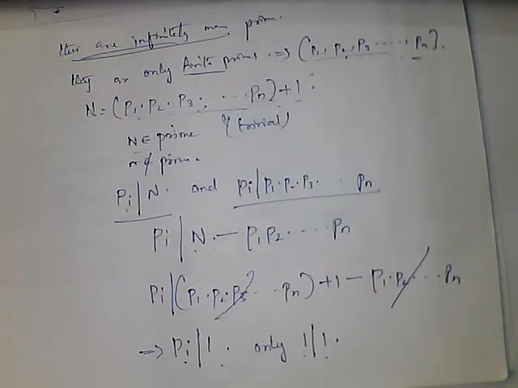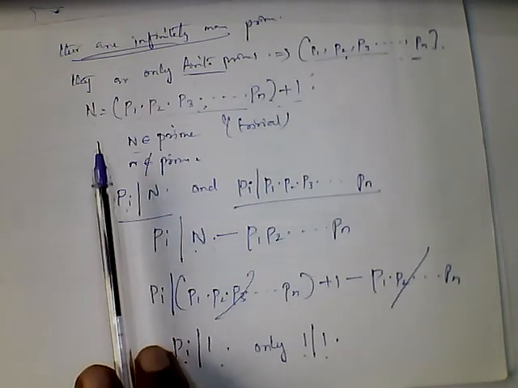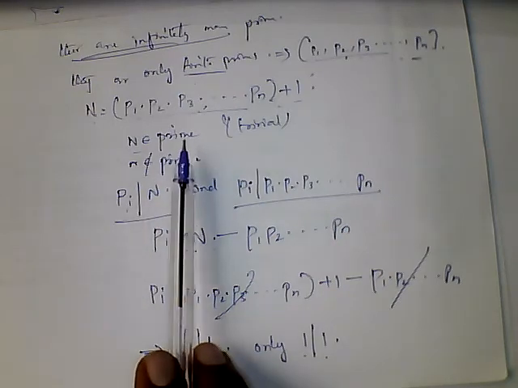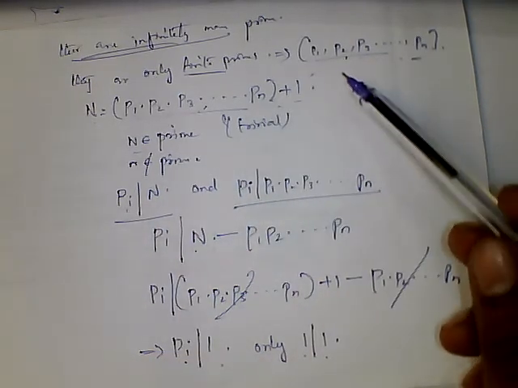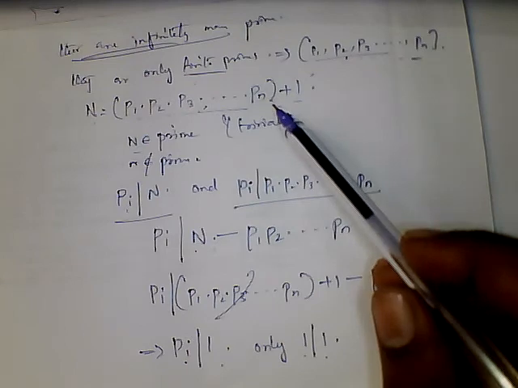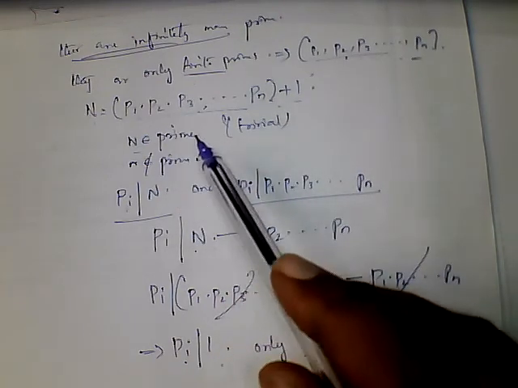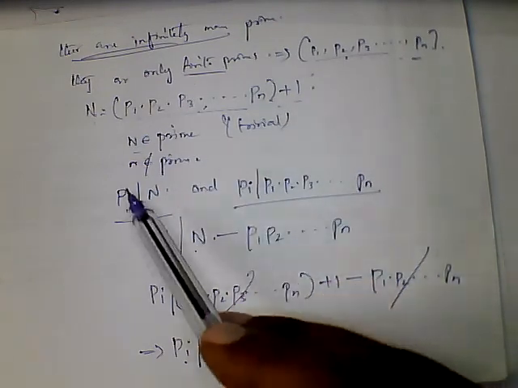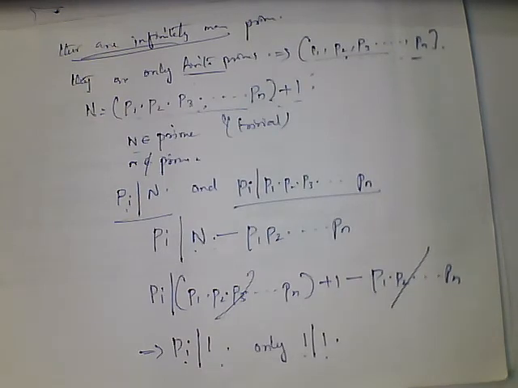So from this, pi divides 1 implies pi should be equal to 1, or if pi is not equal to 1, then that does not satisfy the assumption that n is a number which does not belong to these finite primes. From that we can conclude that there are infinitely many primes if we go on repeating this process.